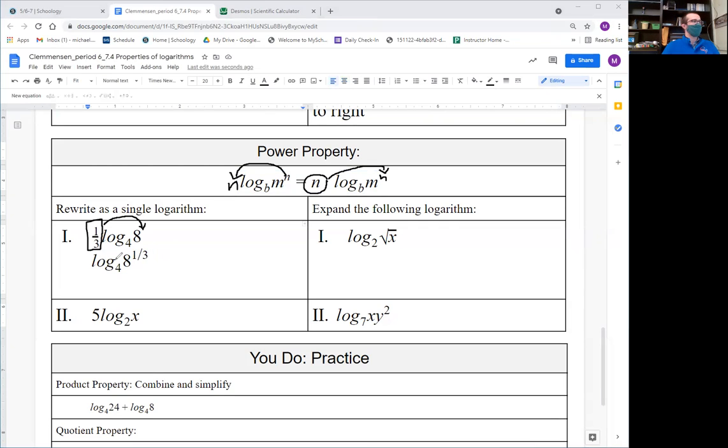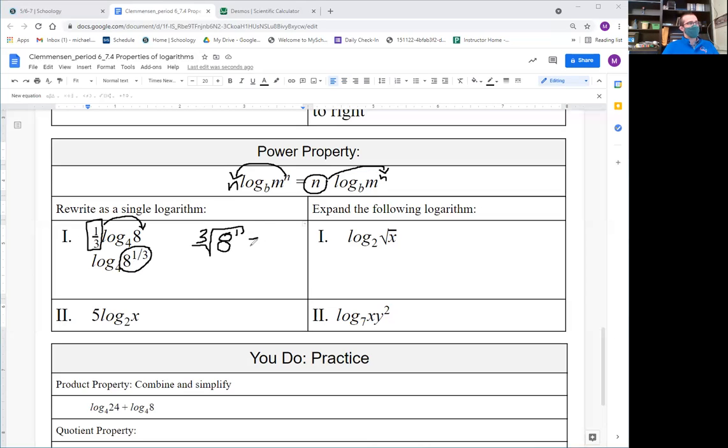Like you have to simplify 8 to the 1/3 power right here. To do that, we need to rewrite this as a cube root. So I can rewrite this 8 to the 1/3 as the cube root of 8 to the first power. That's going from exponential form to my radical form that we learned last unit.